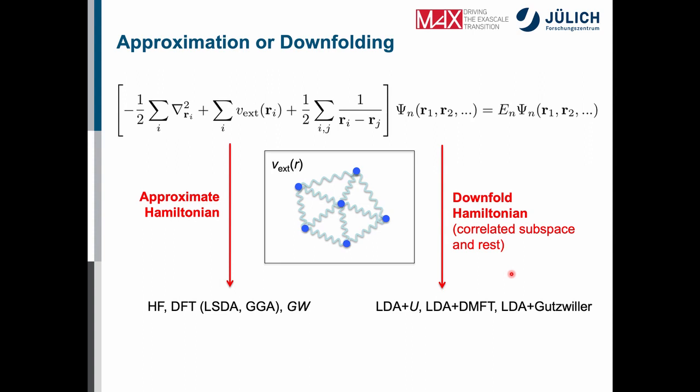This is done by a partitioning of the system into a correlated subspace, for which one constructs a quantum mechanical Hubbard model, and the rest. The correlated subspace might consist of only the localized d states or f states. Such a partitioning of the system is called downfolding the Hamiltonian, and then you have methods like LDA plus U, LDA plus DMFT, LDA plus Gutzwiller, Hubbard 1, and so on.